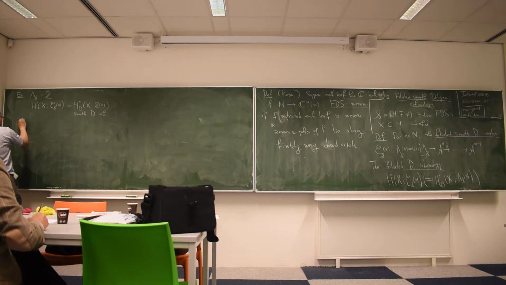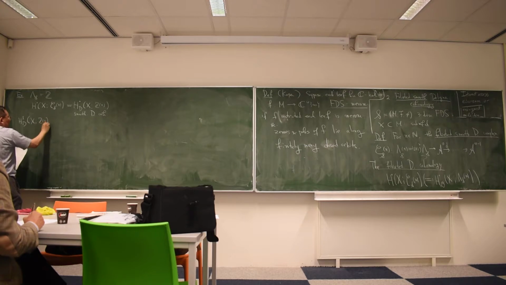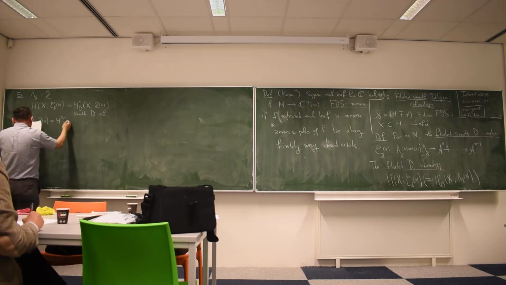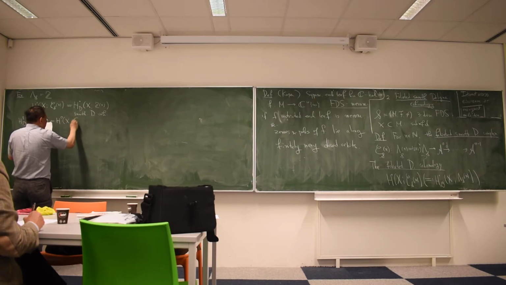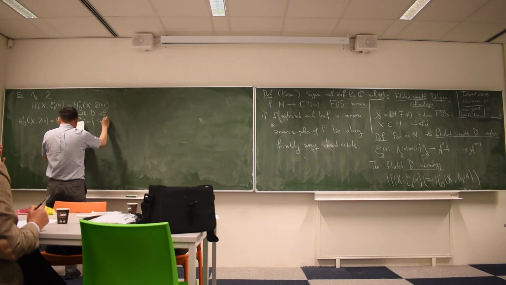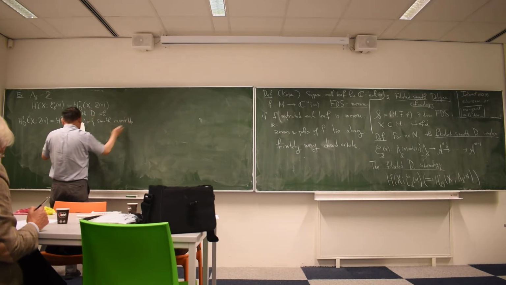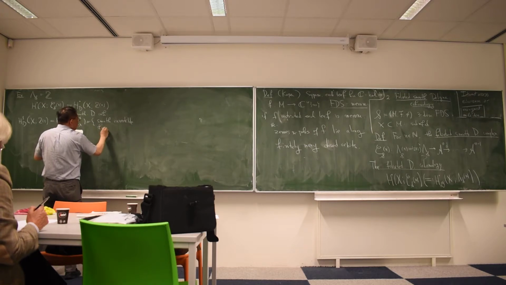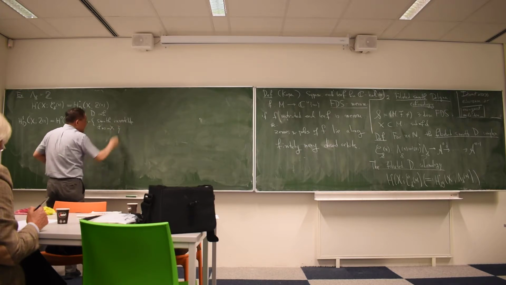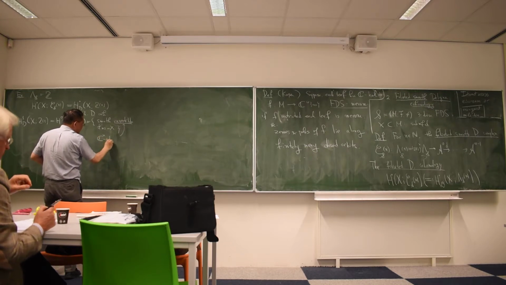So for example, H1 of D of Z(1) is this. This is just the invertible complex valued smooth functions on X. Here invertible means this is a C star valued function.